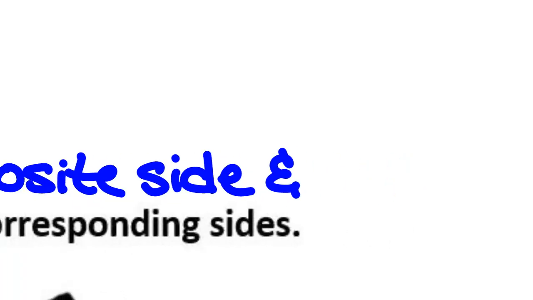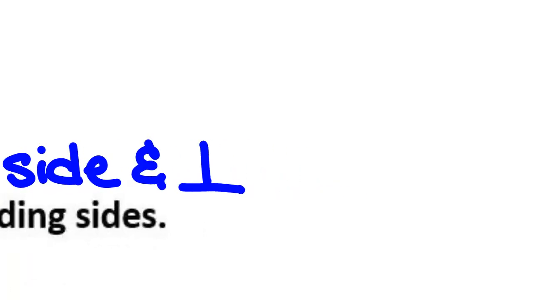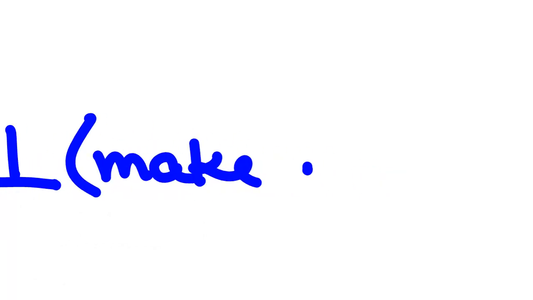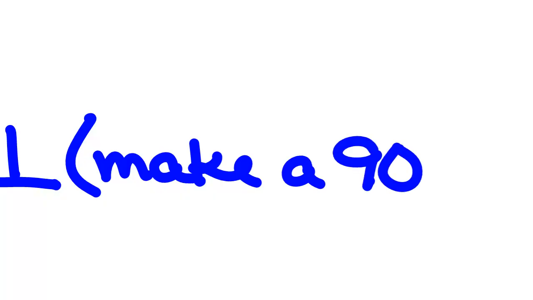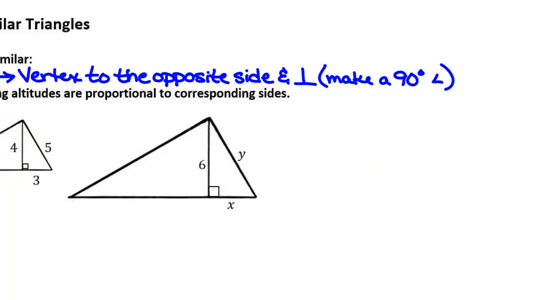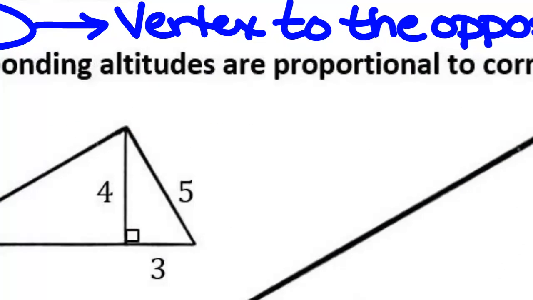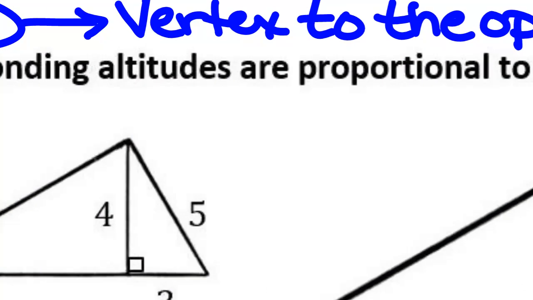And it is perpendicular, so it makes a right angle. All right, so that's what we see in these two triangles right here.